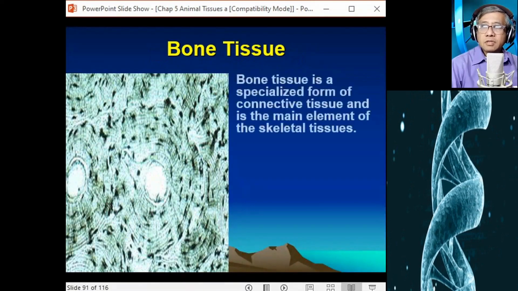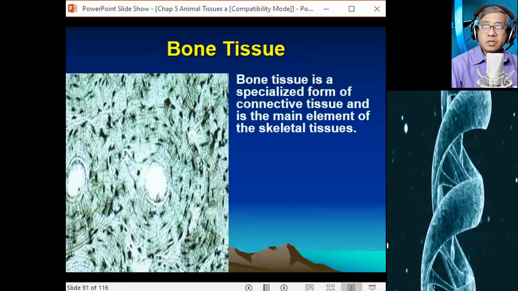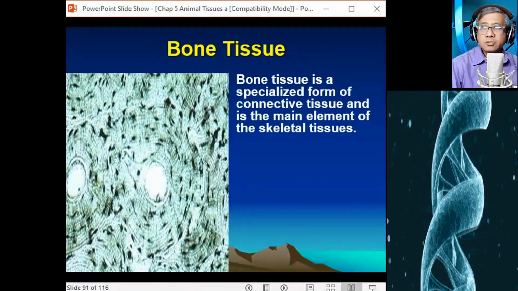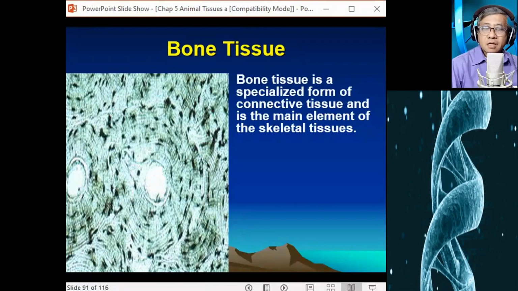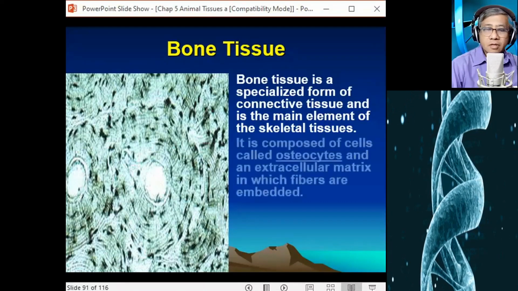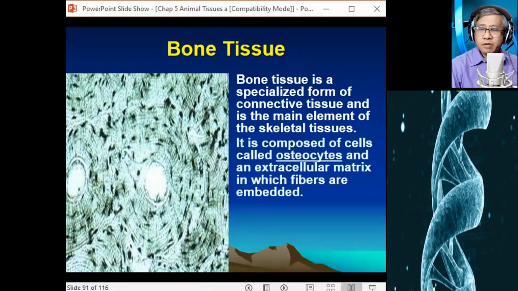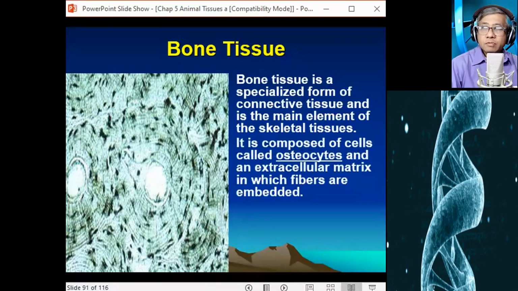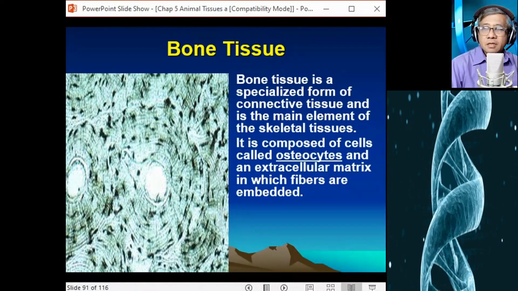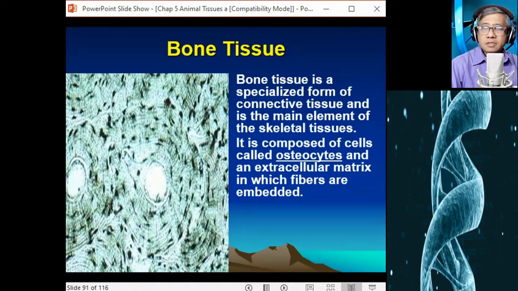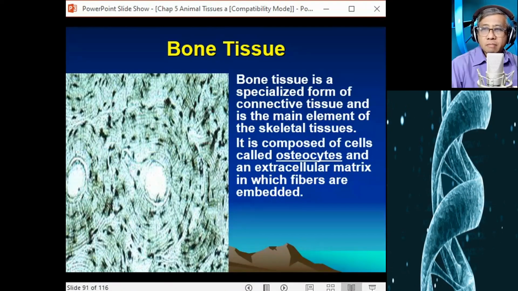Alright, so bone tissue is a specialized form of connective tissue and it is the main element of the skeletal system, yung ating body framework. It is composed of cells called osteocytes and the extracellular matrix in which fibers are embedded.